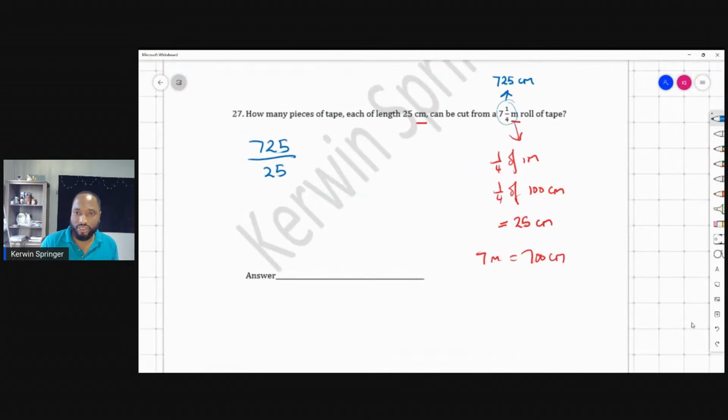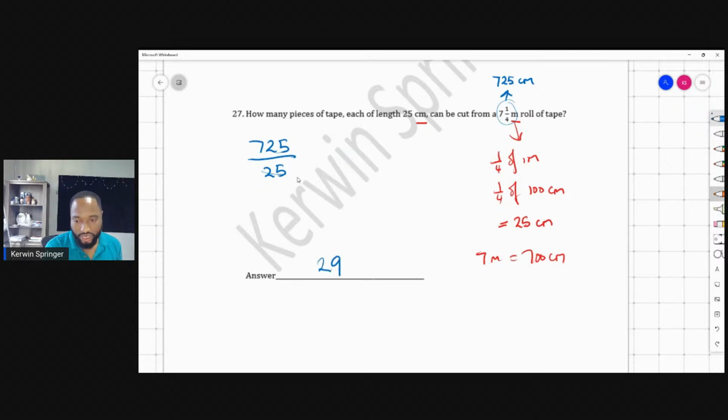So now we have 725 divided by 25. We know 25 can go into 700. Ignore the 25. If this was just 700, 25 could go into this 28 times, right? 7 4s are 28. And well, there's a 25 here, so 28 and 1 is 29.